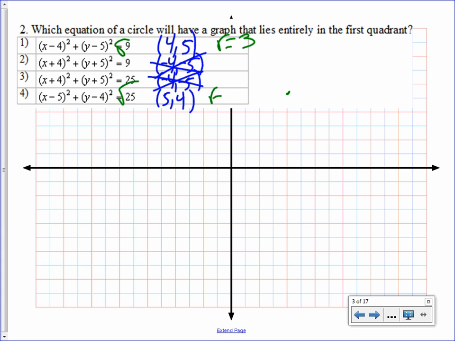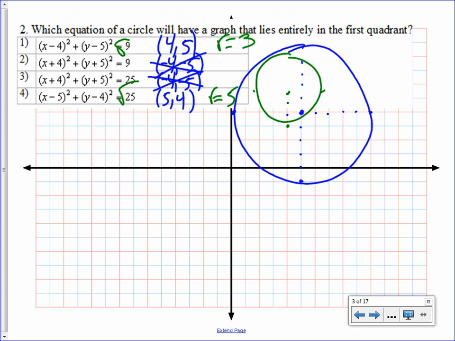This one, the radius is 5. I'm going to go 1, 2, 3, approximately here, here, here. That one looks pretty good. It looks like the whole thing's in the first quadrant. Let's just try the second one. 5, 4. If the radius is 5, 1, 2, 3, 4, 5. Uh-oh, we're already out of the first quadrant. This one does not fit inside the first quadrant.